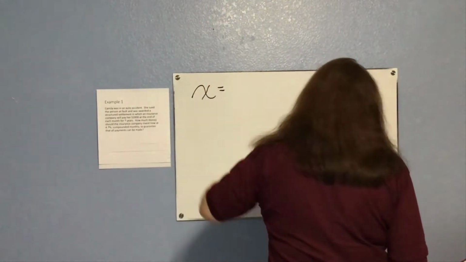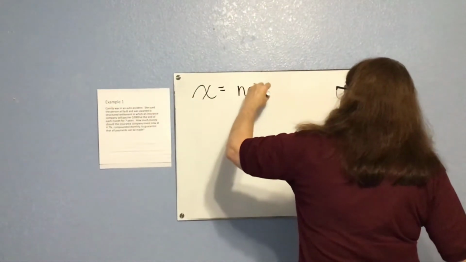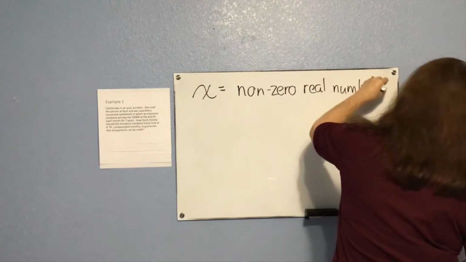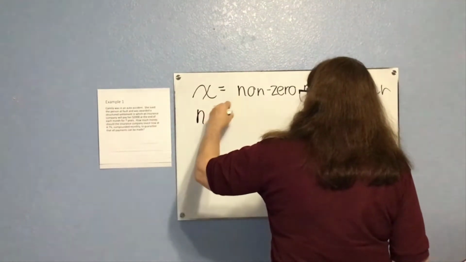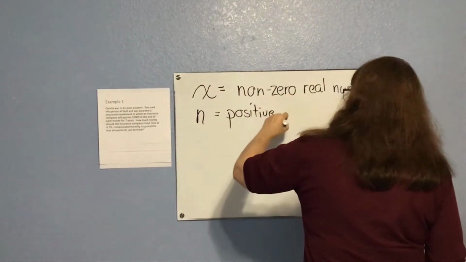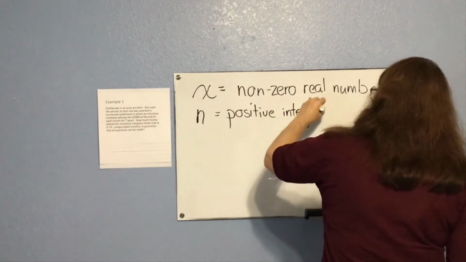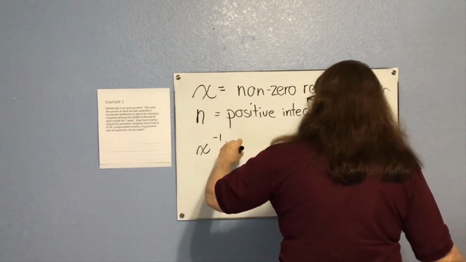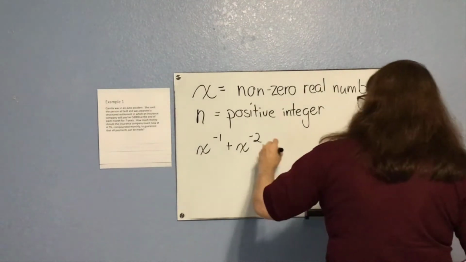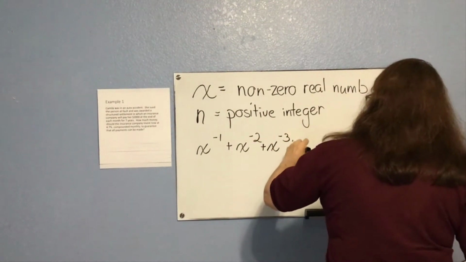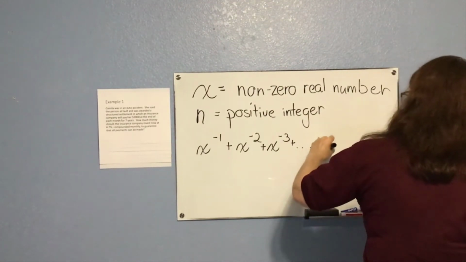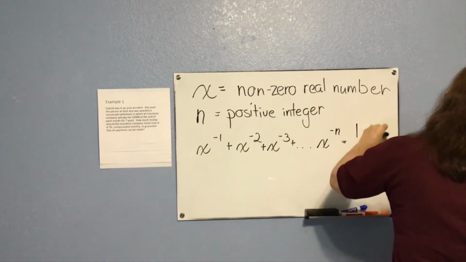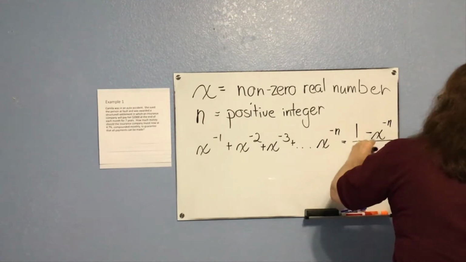If x is a non-zero real number, and n is a positive integer, we know that x to the minus 1 plus x to the minus 2 plus x to the minus 3 all the way up to x to the minus n is equal to (1 minus x to the minus n) over (x minus 1).